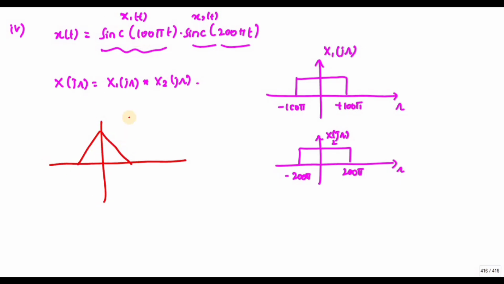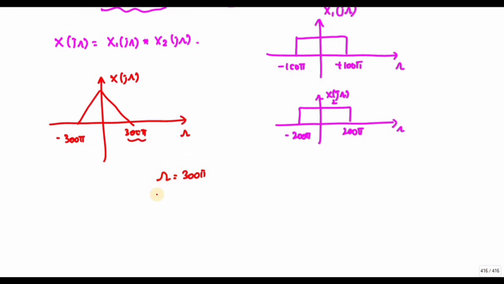Like this, and the omega will be from minus 300 pi to 300 pi. So from this I can obtain the omega value. The maximum value of omega is 300 pi.